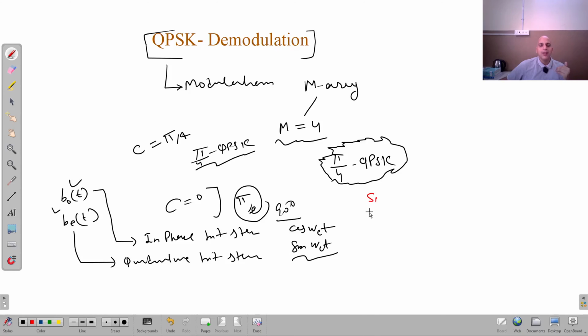Symbols mean the phase levels in the modulated carrier, S1, S2, and so on. S1 corresponds to the bit pair where the odd bit is 1 and the even bit is 0, then 0 0, then 0 1, and then 1 1. This was the entire discussion there.